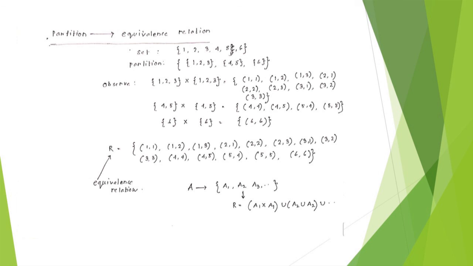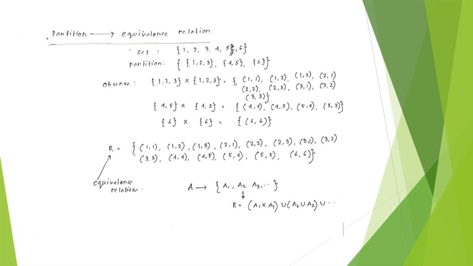Next, our task is the reverse way. That is, we have an equivalence relation, and we need to form a partition from that equivalence relation.